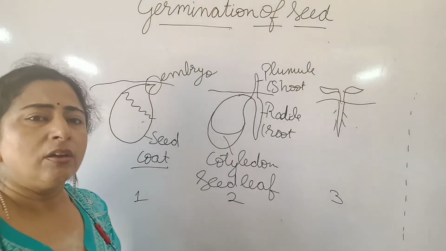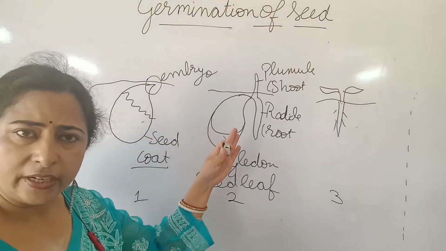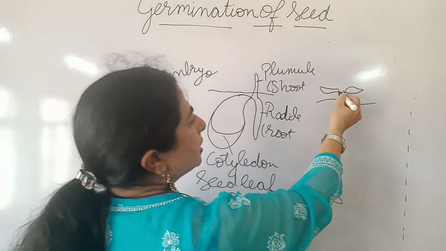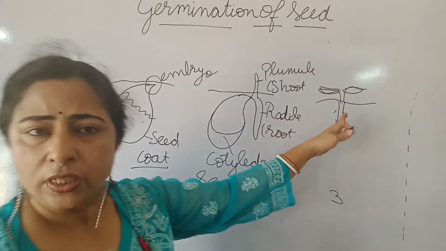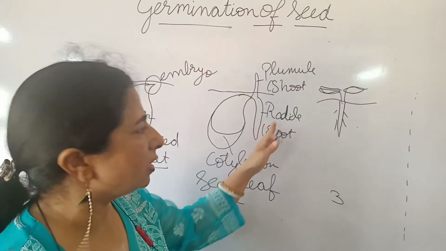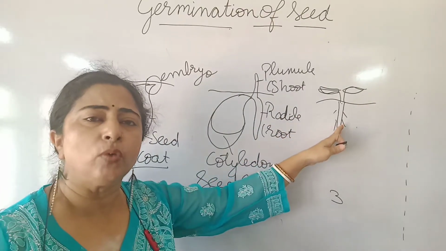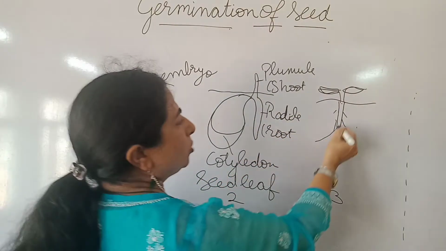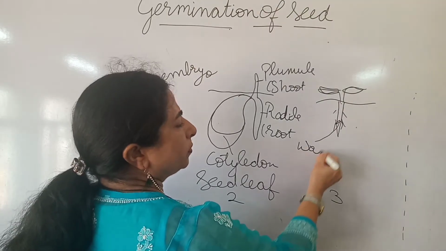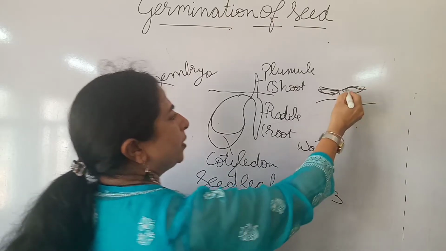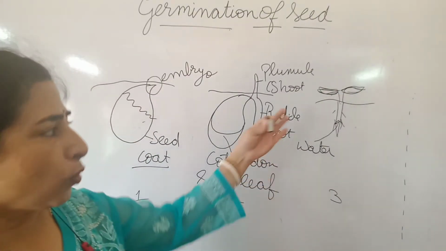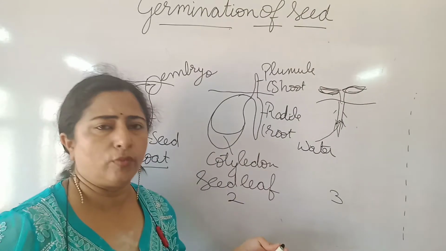And then when the cotyledon disappears, the leaves are formed and the root is fully developed, means the radicle is fully developed into a root, capable of absorbing water from the soil. And the plant has leaves which are capable of undergoing photosynthesis and making their own food.